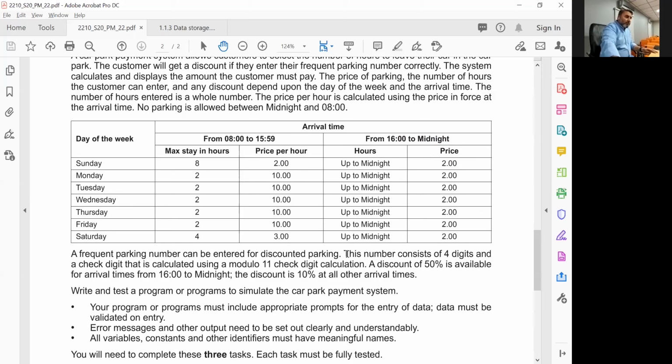So for any calculation, we will be actually looking into these maximum stay in hours if someone would have arrived between 8 and 15:59, whereas if someone arrives after 1600, they can stay up to midnight and they will only be charged 2.